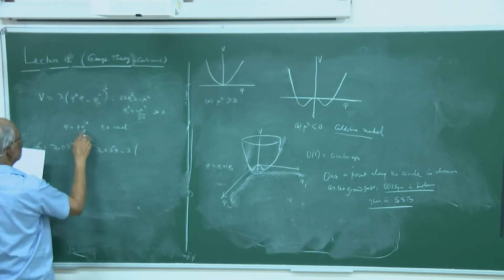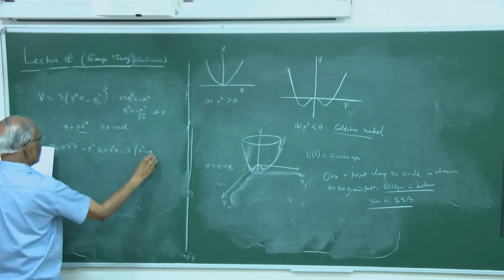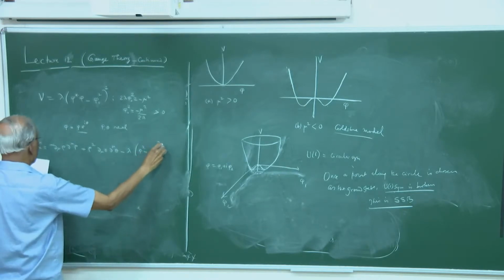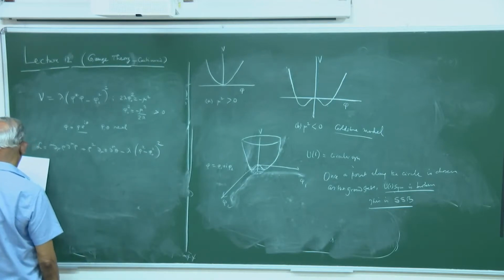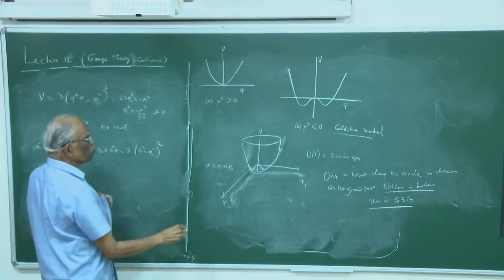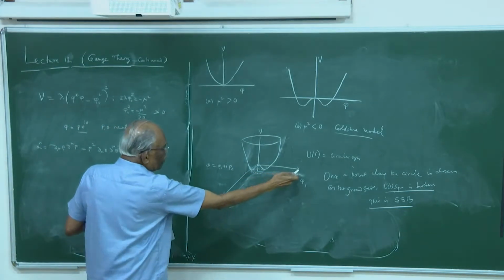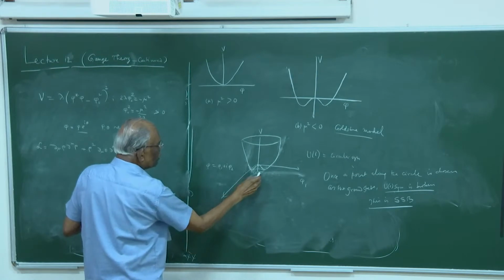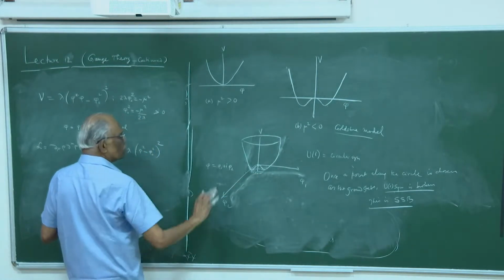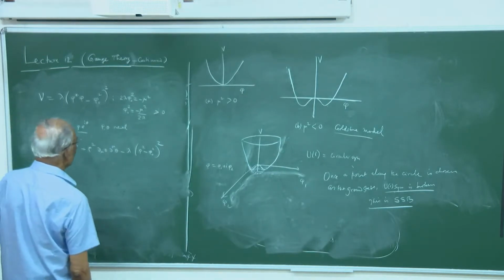Phi star phi becomes simply rho square minus phi 0 square whole square. So that is the Lagrangian density. So we are going to choose one of these points. So now I have again shifted, so you can even draw it now below, so that this is the minimum circle which lies in the phi 1, phi 2 plane itself, and the radius being phi 0.